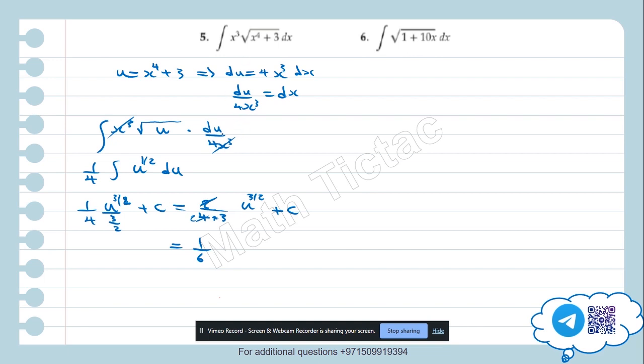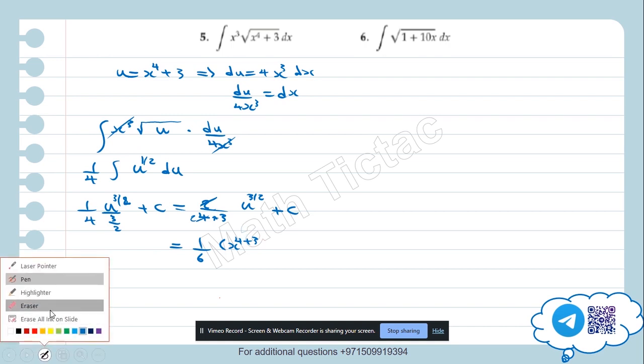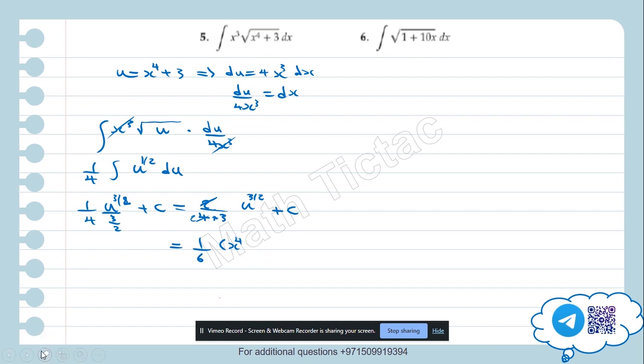We must write the x's again. So instead of u, I'll put the expression that I substituted, which is x to the power 4 plus 3. So this is 1 over 6 times x to the power 4 plus 3, to the power 3 over 2, plus c. And that's it. This is the end of the question.